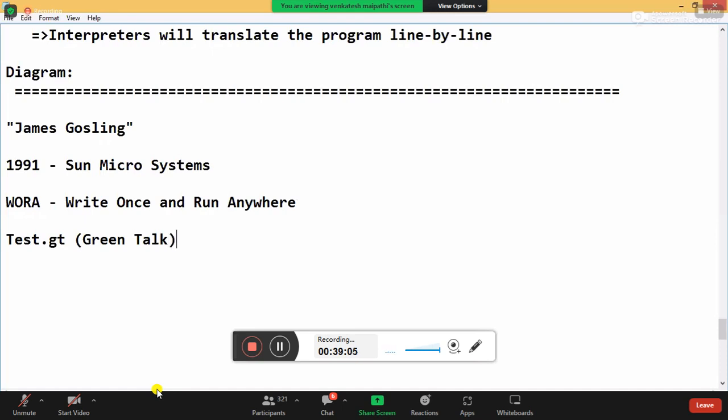He used to call the language Green Talk orally, because green means everywhere. He created a virtual machine and started running the program there. He got the confidence: okay, my program achieved the feature known as WORA, write once, run anywhere.